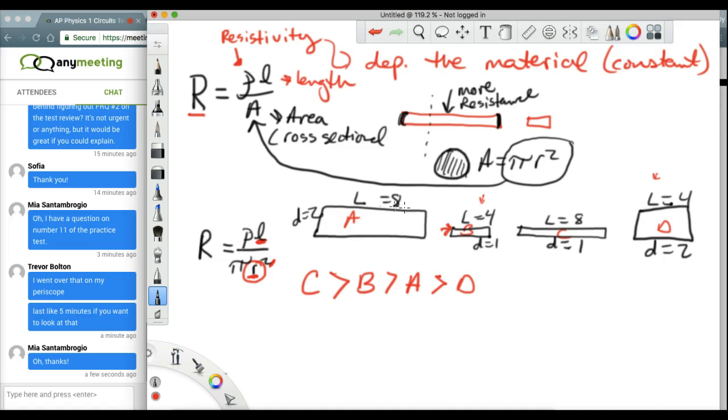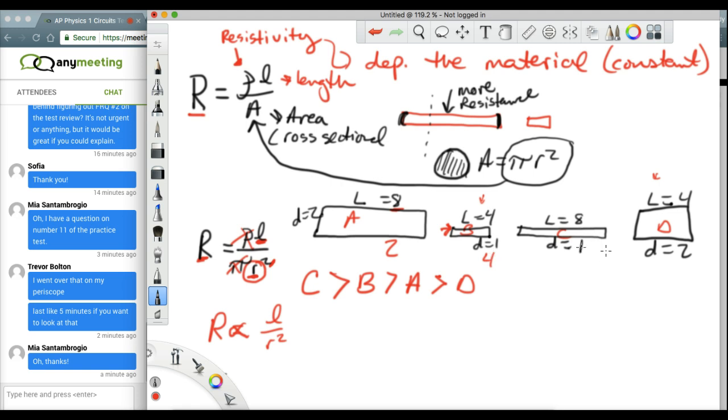You can go in there and use these numbers to figure out what the R would be equal to. Remember that the rho doesn't change because they're all the same metal. Pi is not going to change because it's a constant. So what we really get is that R is proportional to L over little r squared. You can just take the 8 and divide that by 2 squared, which is 8 divided by 4, which is 2. Then 4 divided by 1 squared, which is 4.